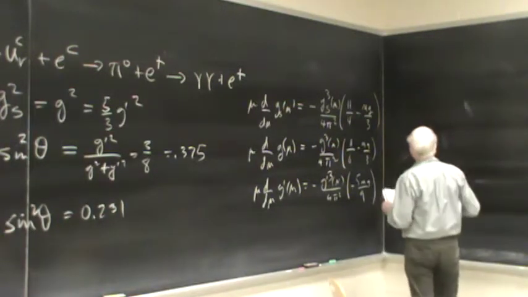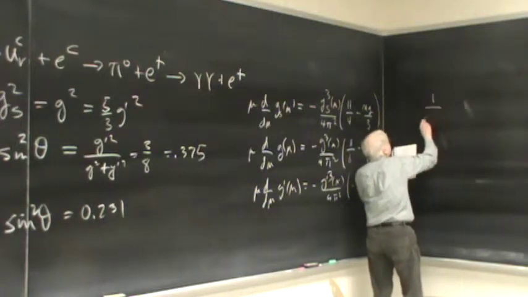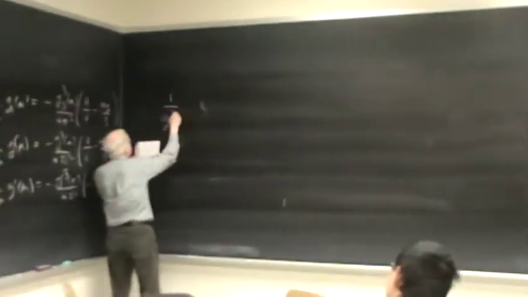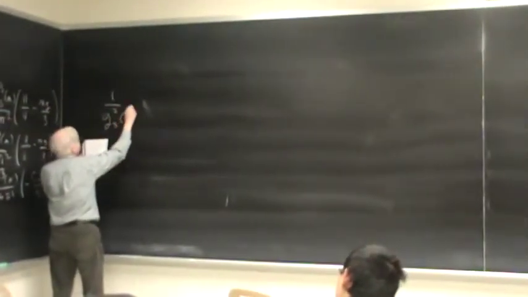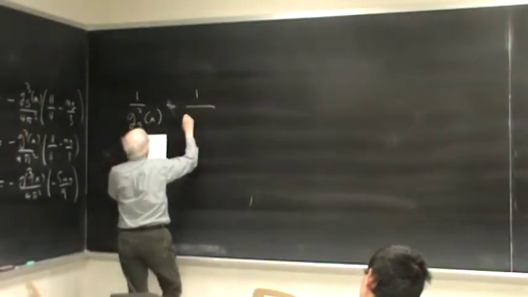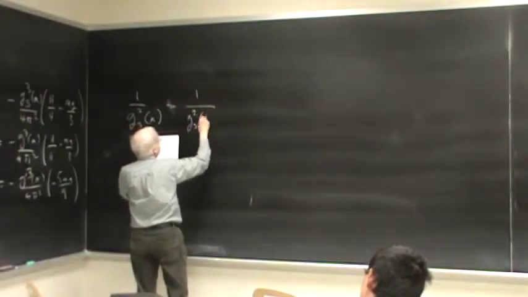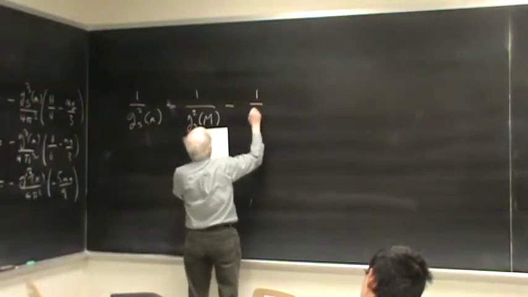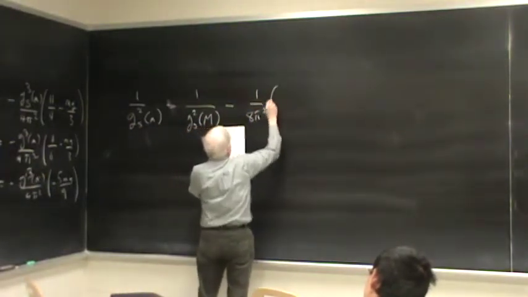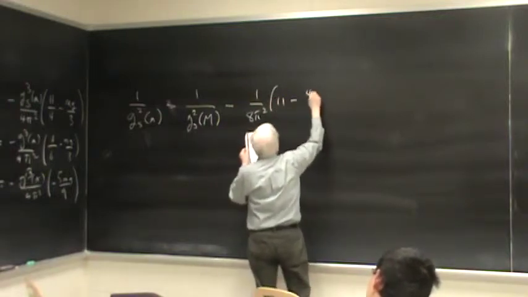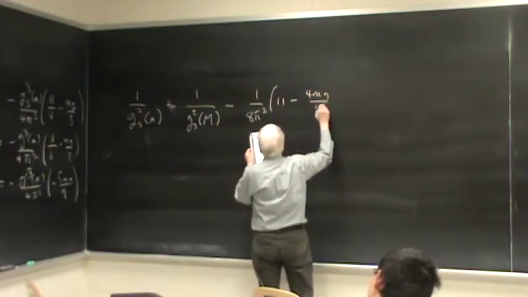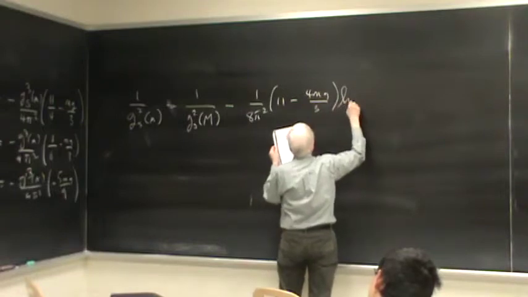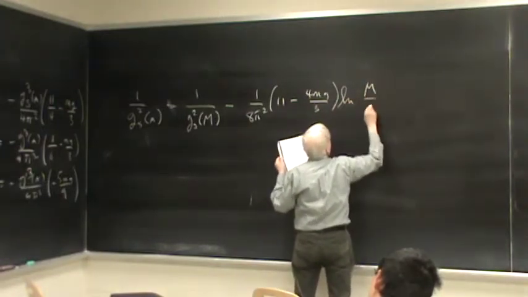So you get the equations: 1 over g_s squared of mu is 1 over g_s squared at the unification scale M minus 1 over 8 pi squared times 11 minus 4 times the number of generations over 3, and then a log term, log M over mu.